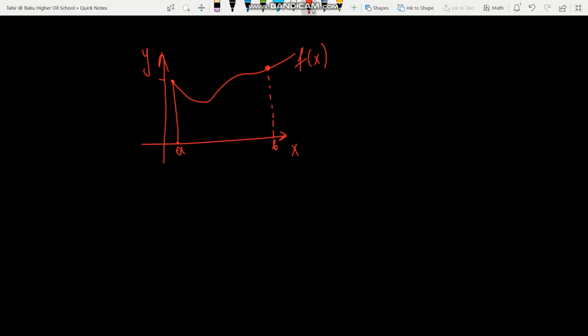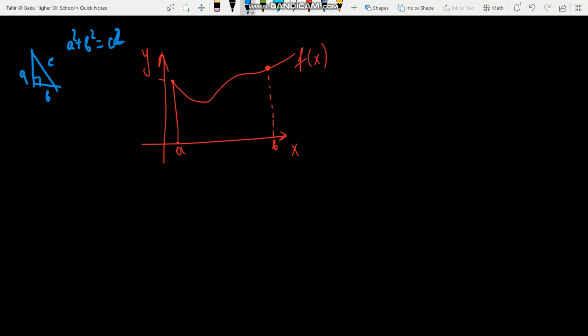In order to find the length of this function, we should just divide it into small pieces and apply the Pythagorean theorem to each part of them. Let's just remember the Pythagorean theorem: a squared plus b squared is equal to c squared.